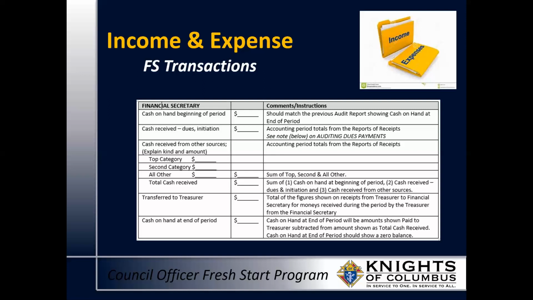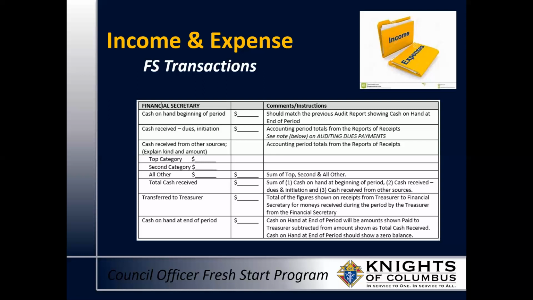The next line, which is what you would have recorded as the financial secretary that you've received, is the amount that you transferred to the treasurer. So if you had turned over to the treasurer all the money that you had received, then those 2 lines would be the same.